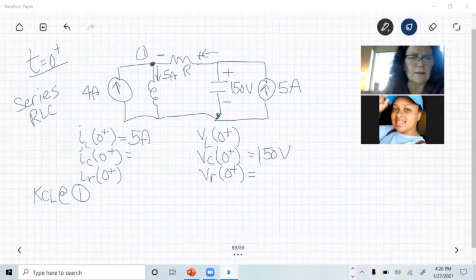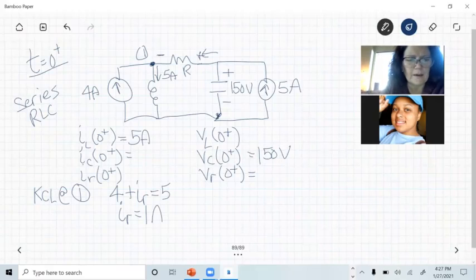Currents going in are 4 and IR. And the current flowing out is 5. So IR must be 1 amp. I'm going to write that down on my little list so I know what I've solved for.